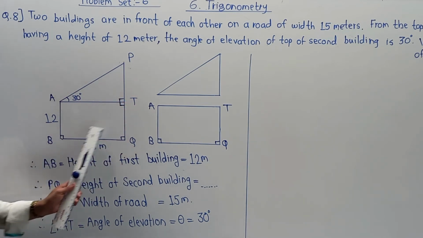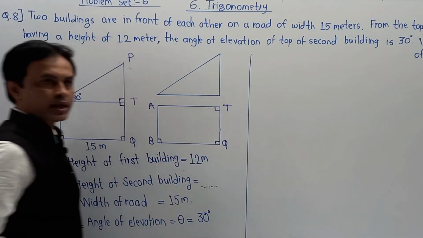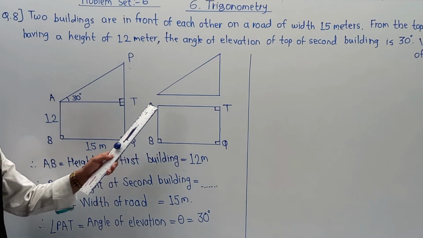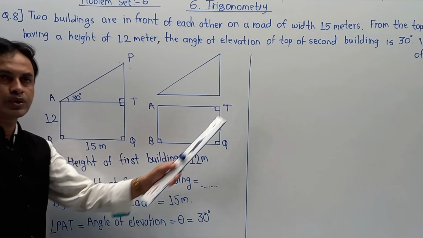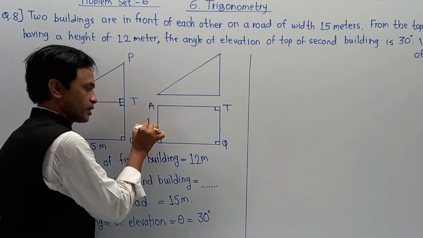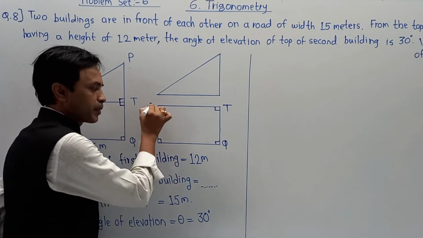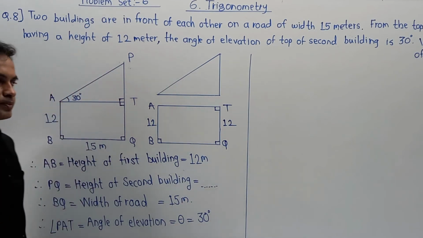Similarly, your angle T is 90 degrees over here, and you just observe ABQT. Here if AB is 12 meters, naturally by the property of a rectangle this is also 12 meters.